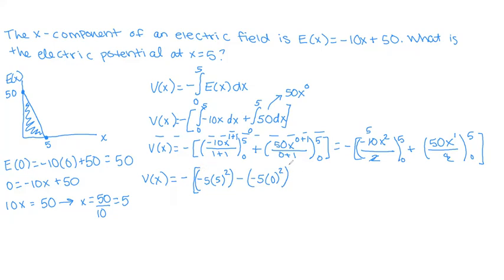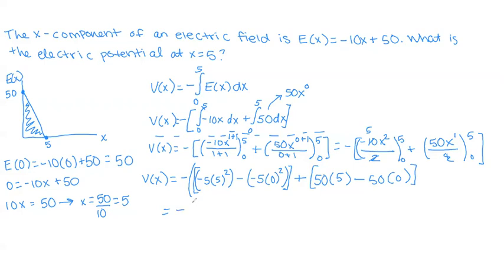So that is that first bit. I'm going to put even more brackets around here just to make it super clear. So we did that evaluation. Now we're going to do this second evaluation here. So we have 50, we're putting in 5 for x, so that's 50 times 5, minus 50, and we're now putting in 0 for x here. There we go.